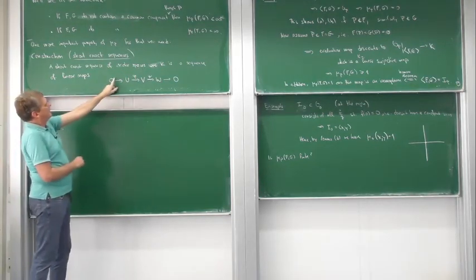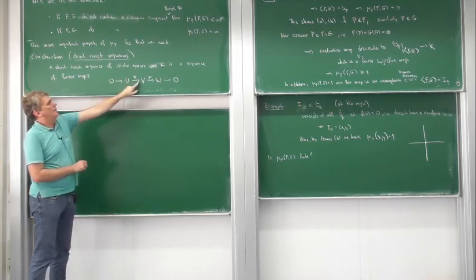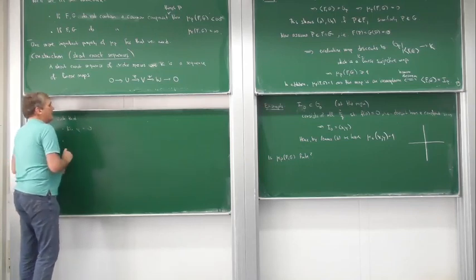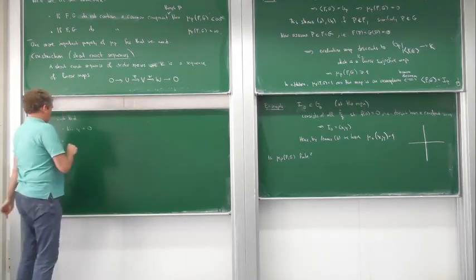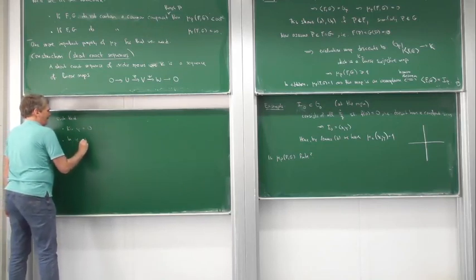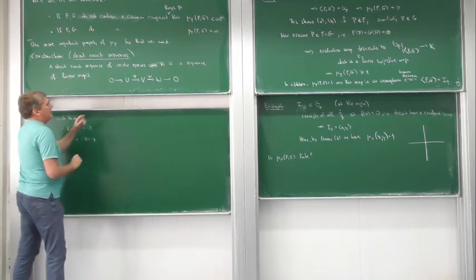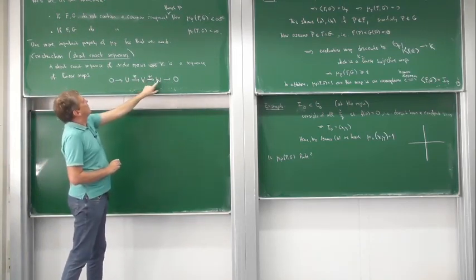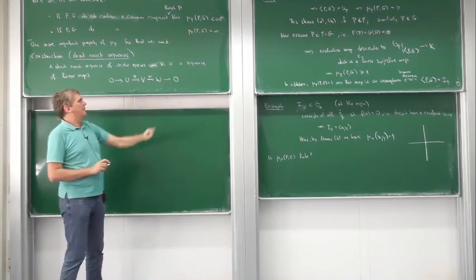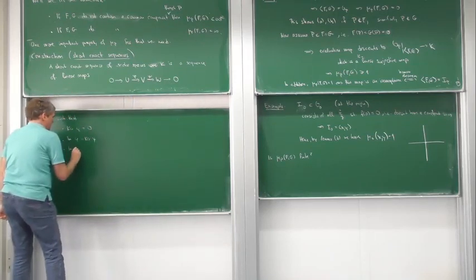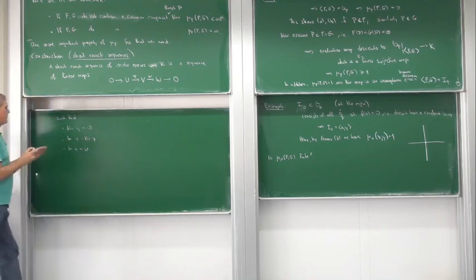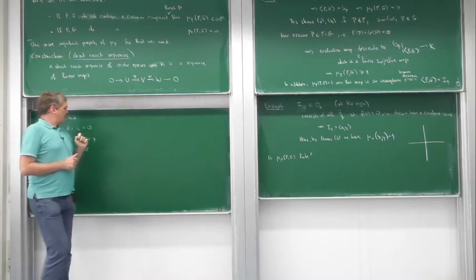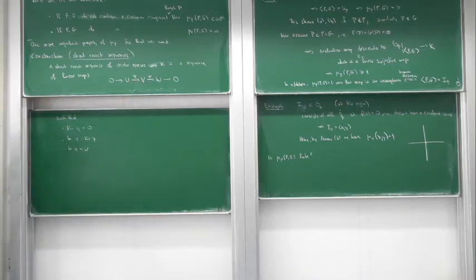In the first part the image is just 0, so the kernel of phi should be 0. Here the image of phi is the kernel of psi. And at the end the kernel of the last map is everything, so the image of psi is all of W. These are the three conditions. If we have three vector spaces and two maps like this satisfying that, you would call it a short exact sequence.